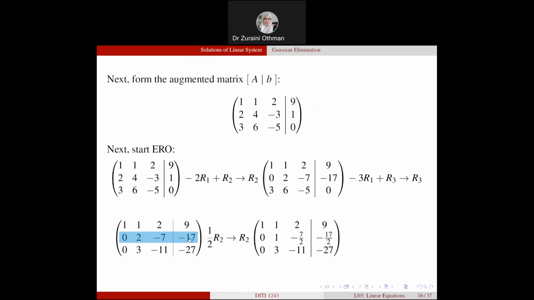So all of R2 will be divided by 2. We get the new R2 here. Okay, from negative 7 becomes negative 7 over 2. Negative 17 becomes negative 17 over 2. So for row 1 and row 3, just copy them. So now we already get it like this.